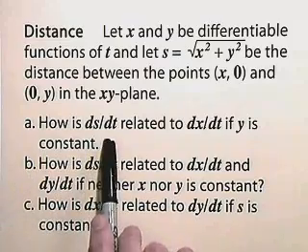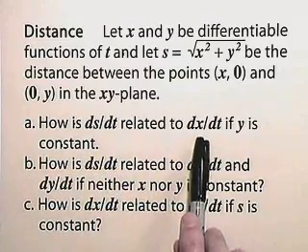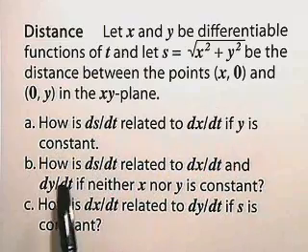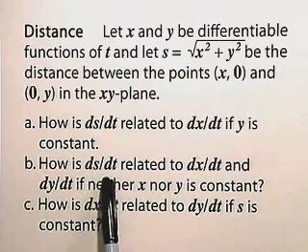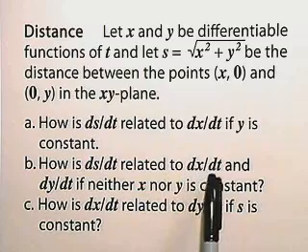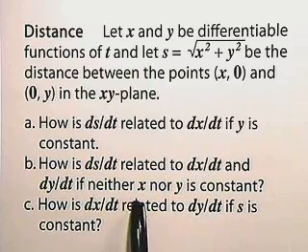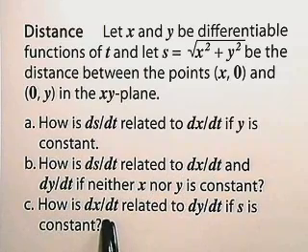A, how is ds/dt related to dx/dt if y is constant? B, how is ds/dt related to dx/dt and dy/dt if neither x nor y is constant? C, how is dx/dt related to dy/dt if s is constant?